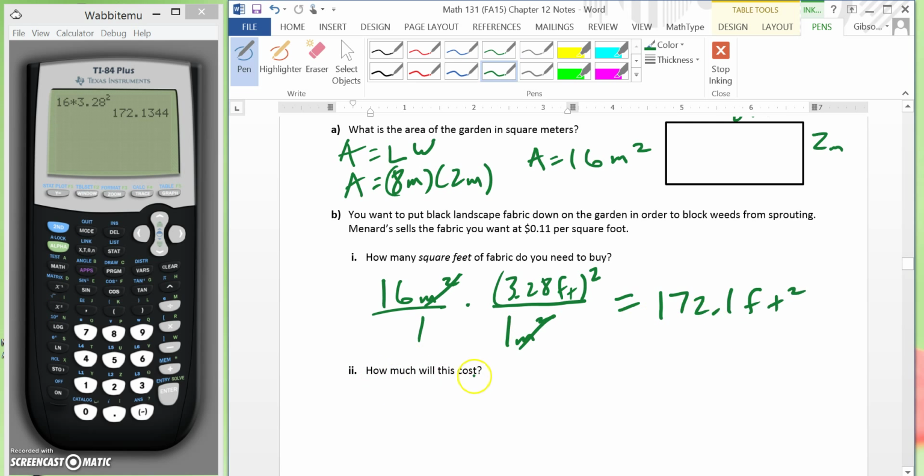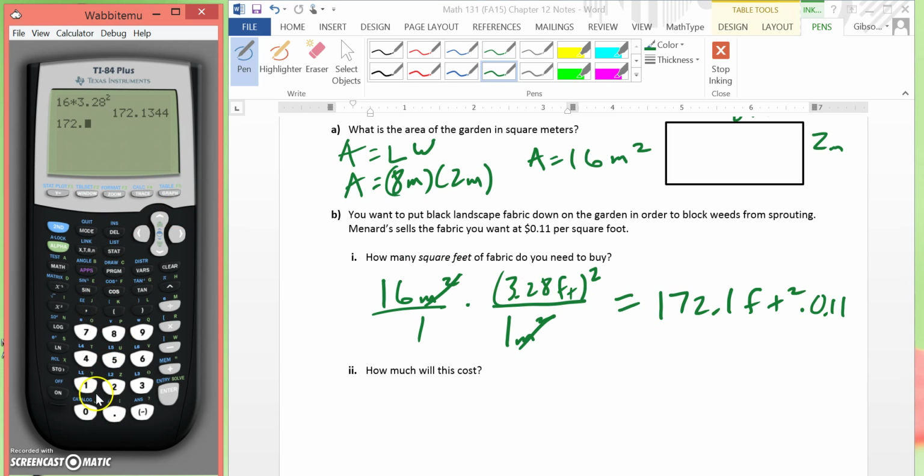Now it says, how much will it cost? So it says, how many square feet of fabric do you need to buy? So we would need to take this divided by 0.11. Hey class, actually we're supposed to multiply by 0.11. So we'll multiply by 0.11. We put that in our calculator, 172.1 times 0.11.